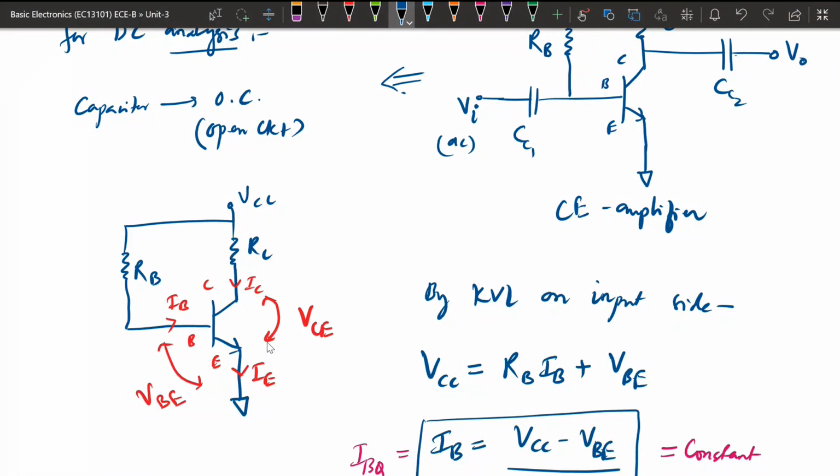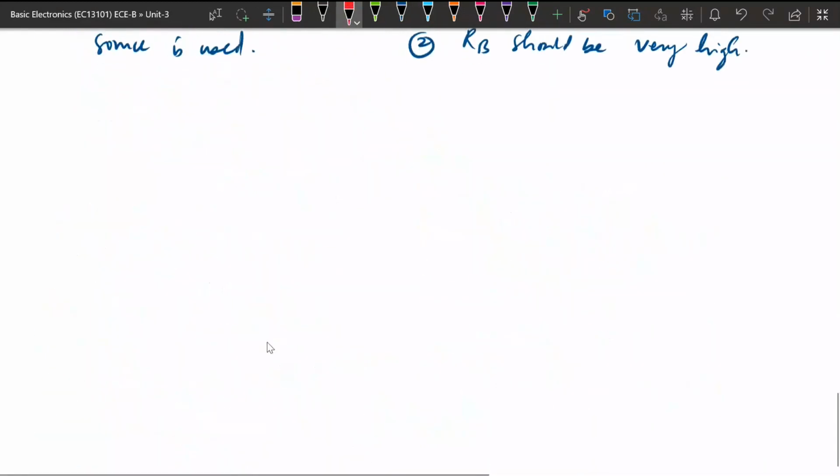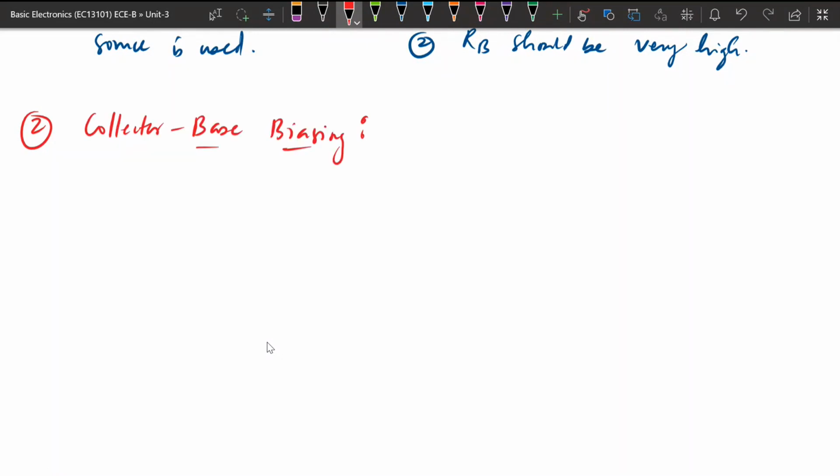So to avoid that, we connect VCC with a resistor to provide the biasing to this input side. This is called the fixed bias circuit, but it has the disadvantage that it provides an unstable system. So we will move to the next technique, that is the second, collector base biasing. This is collector base biasing.